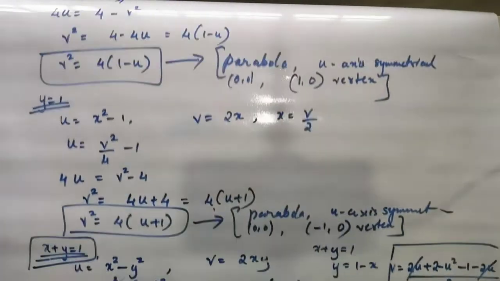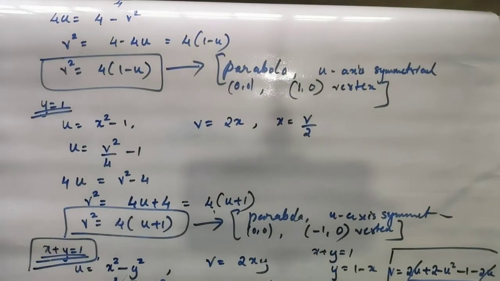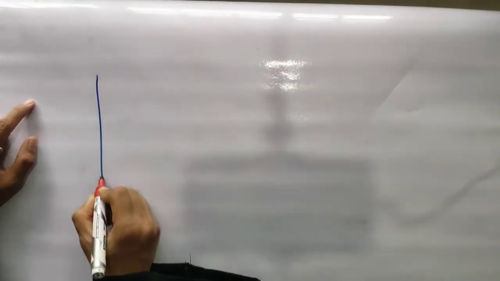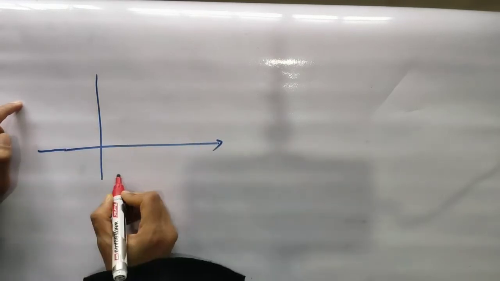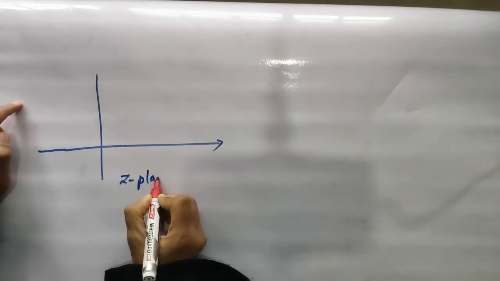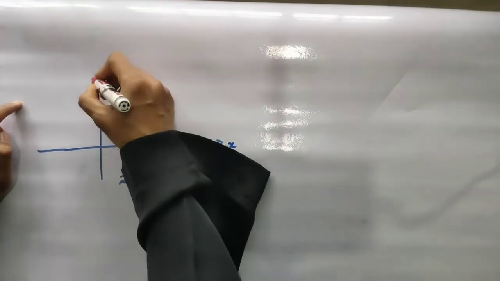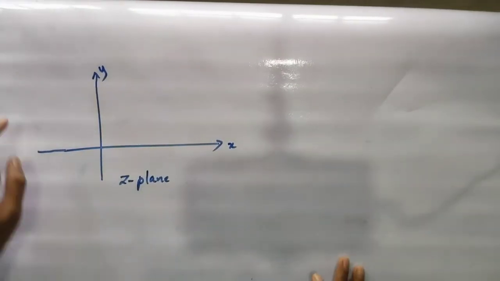So let's continue with the images here. Let us draw our sketch for all the respective lines in the Z plane and their images in the W plane. Say this is your Z plane with this as the x-axis, and this as the y-axis or the imaginary axis.